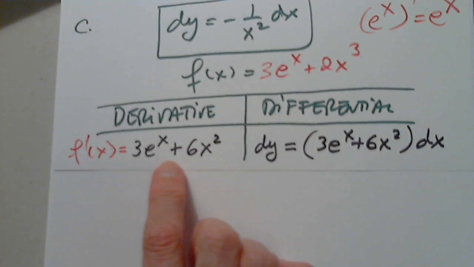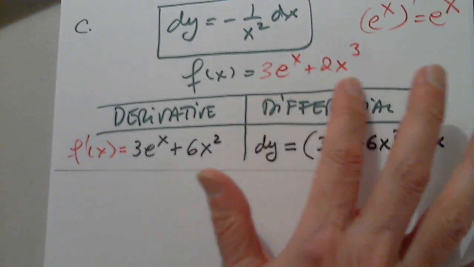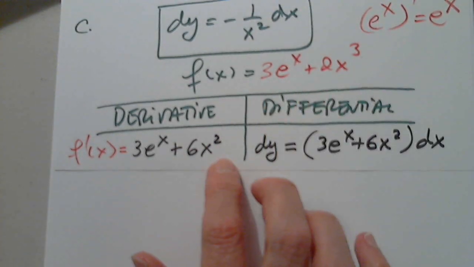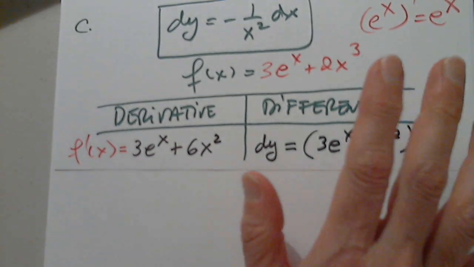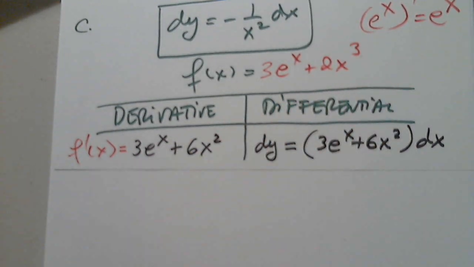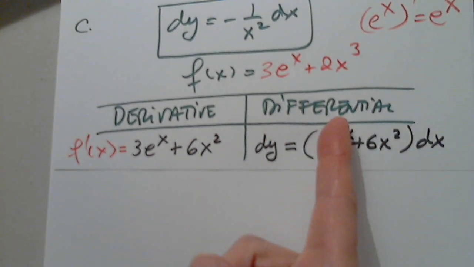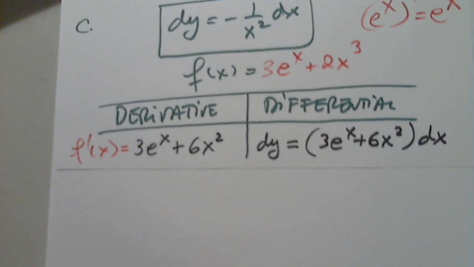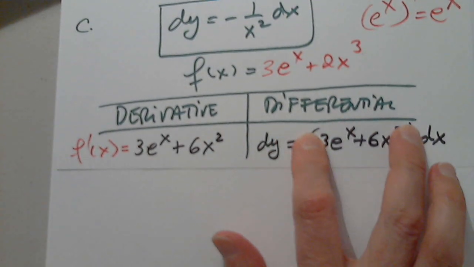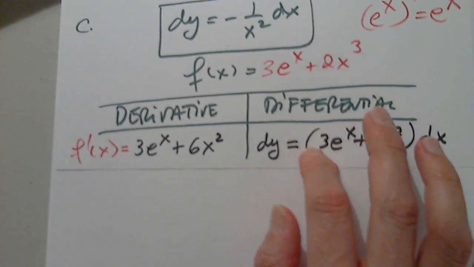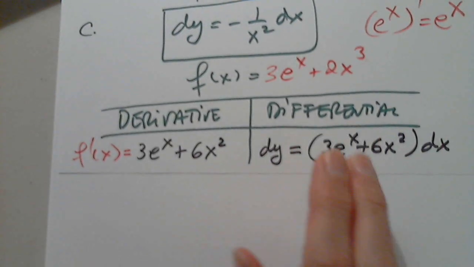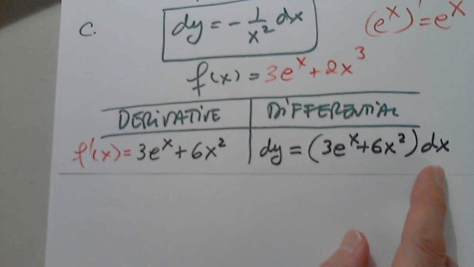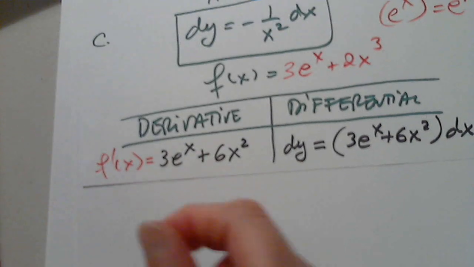The derivative is obtained by differentiating the function. 3e to the x prime is 3e to the x, and 2x to the third prime is 6x squared. But whenever we're asked to find the differential, I have to copy the derivative, put it in parentheses, mandatory in parentheses, unless it's just one product, and then multiply by dx. So that's extremely important, very important to understand.